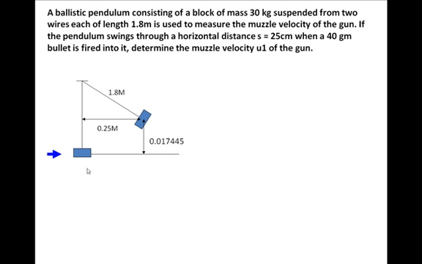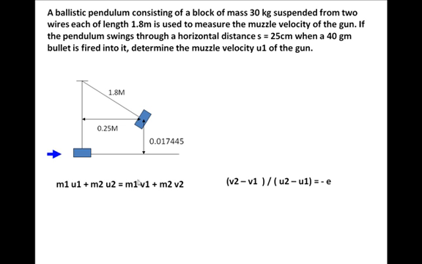The problem goes like this: it is hanging here, the bullet hits, it goes up, and that distance is given as 0.25. Because this is 0.25 and 1.8, we know the geometry of the triangle, and from that we have worked out the height to which this has gone up, and that is 0.017445.